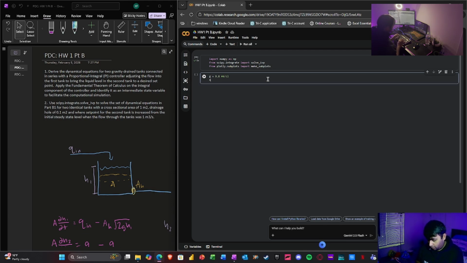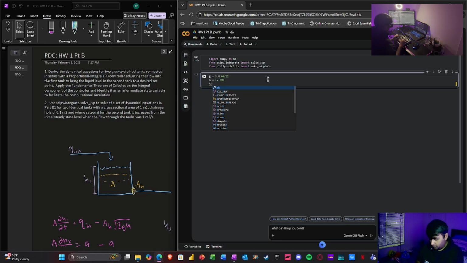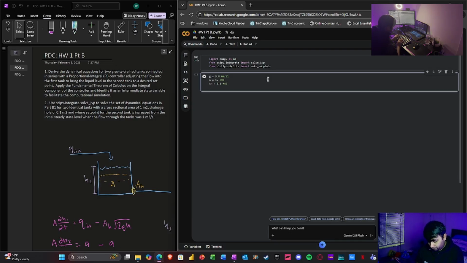And then we already know our cross-sectional area, which is 1, and that is meters squared. We also know our drainage hole area, which is 0.1, and that's also meters squared.